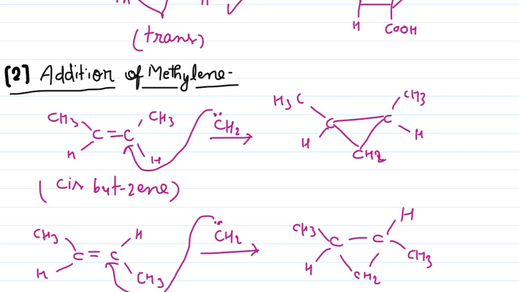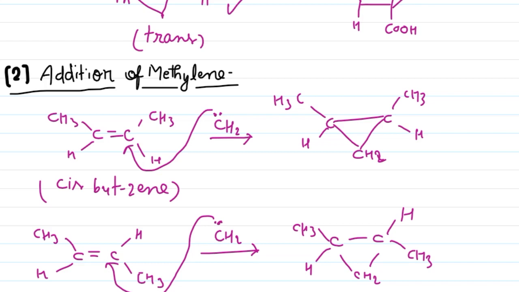Interestingly, this stereospecificity is lost when the reaction is performed in the presence of an inert gas, that is nitrogen. Each substrate now gives a mixture of the cis and trans products.